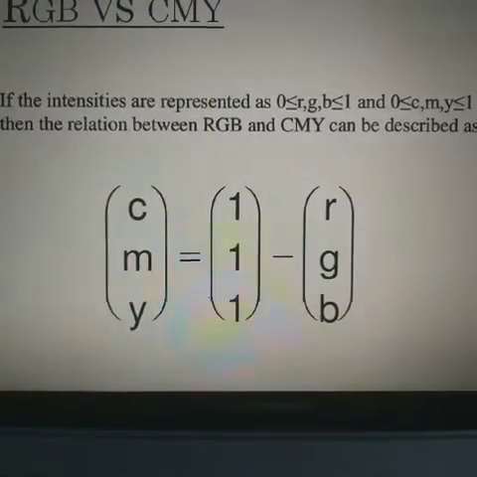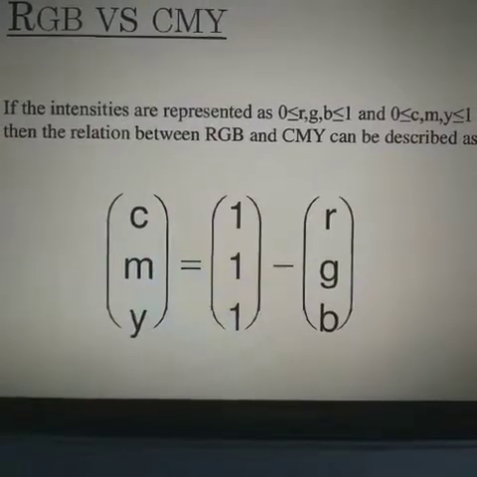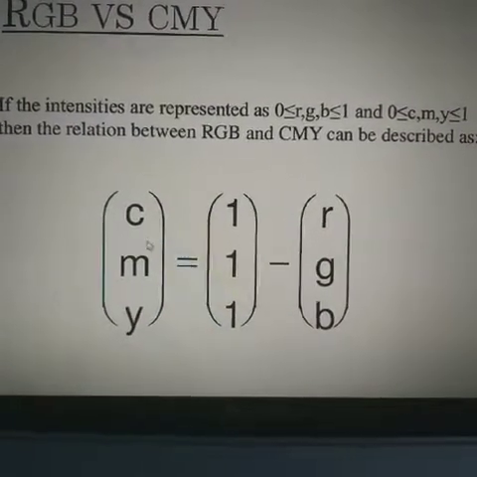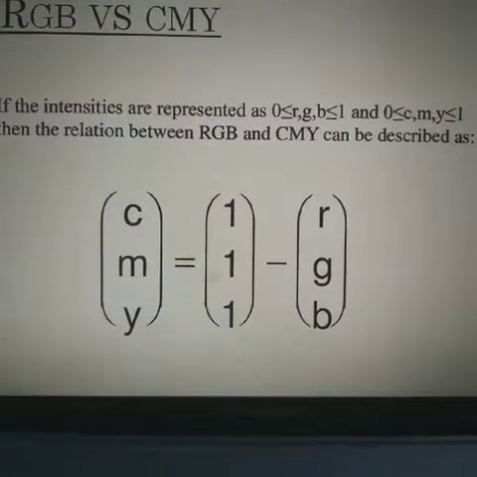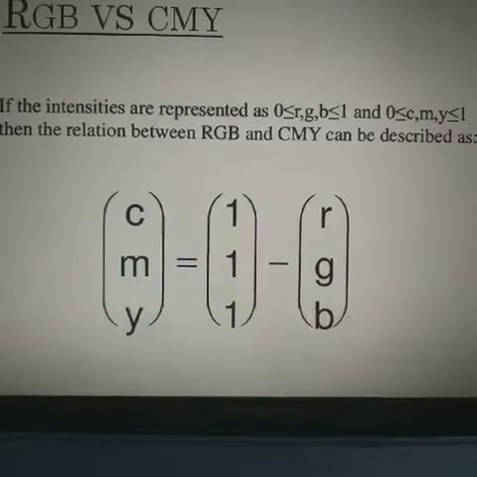The relationship between RGB and CMY is that C = 1 − R, M = 1 − G and Y = 1 − B.